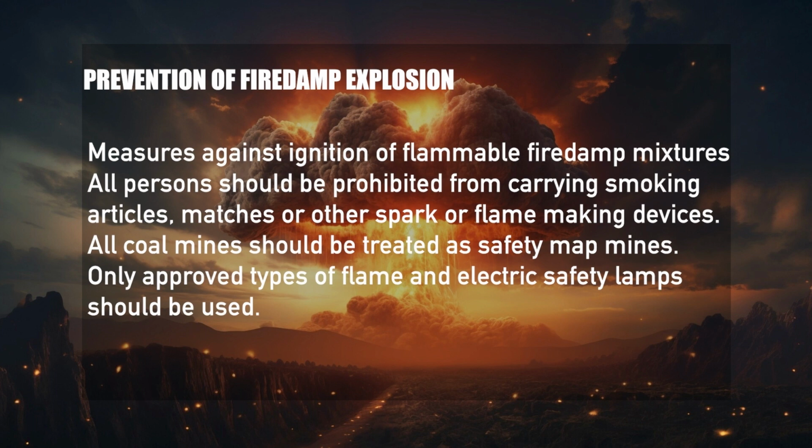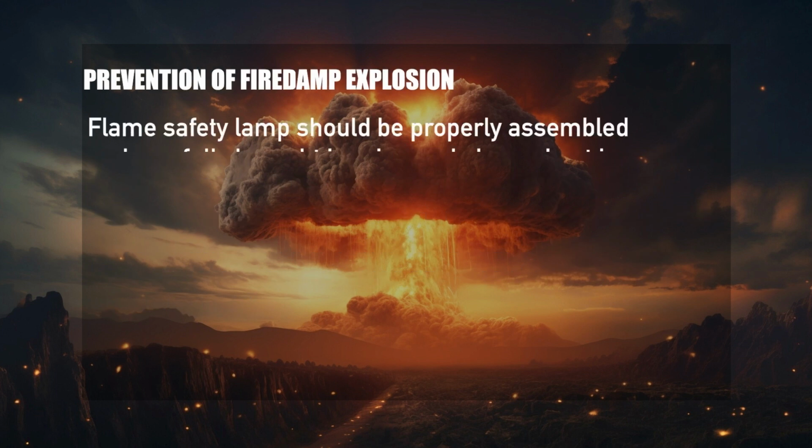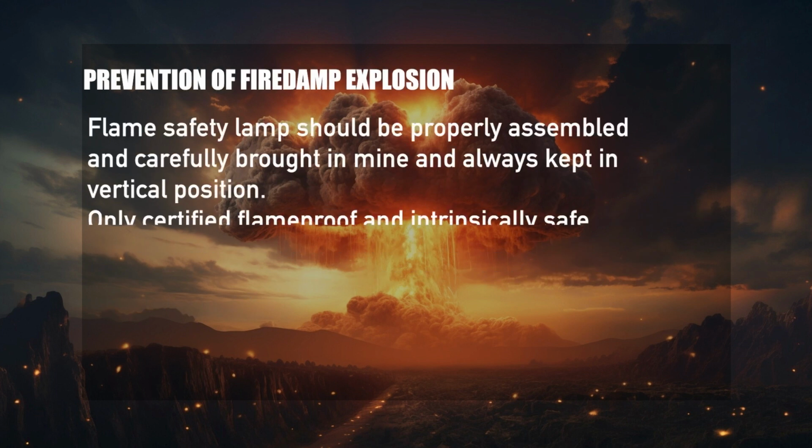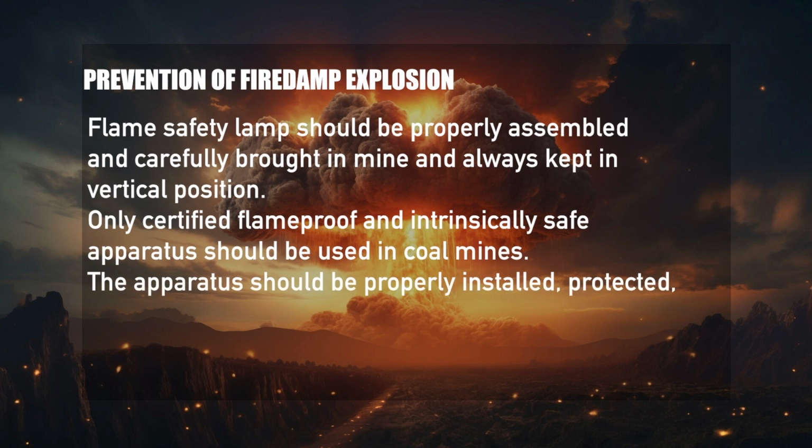Only approved types of flame and electrical safety lamps should be used. The flame safety lamp or electrical appliances should not produce any flame or spark that may ignite the methane-air mixture. The flame safety lamp should be properly assembled, carefully brought into the mine and always kept in a vertical position.